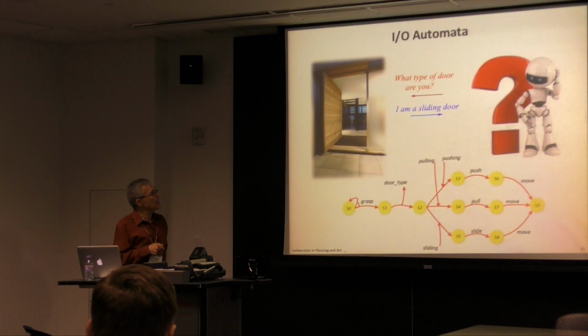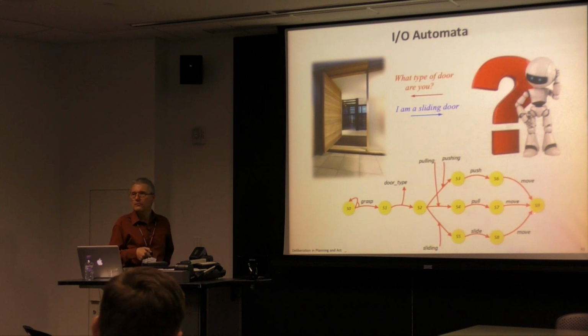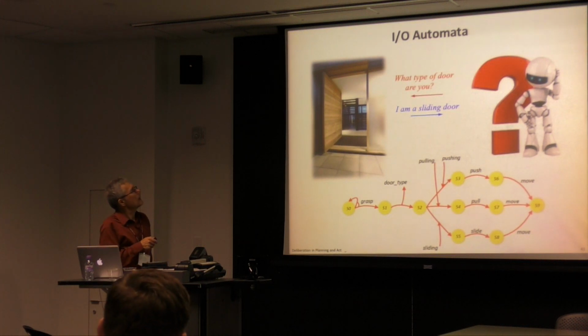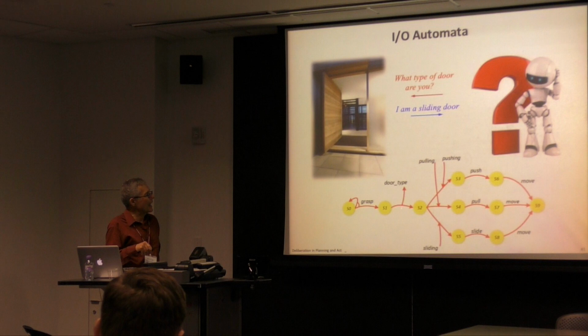Okay, so the idea is that if you can interact with other agents, they can give you information that will help you do what you need to do. And one way to model this is with what are called input-output automata. Here we have an output that goes from our robot over here to the door asking what its type is.